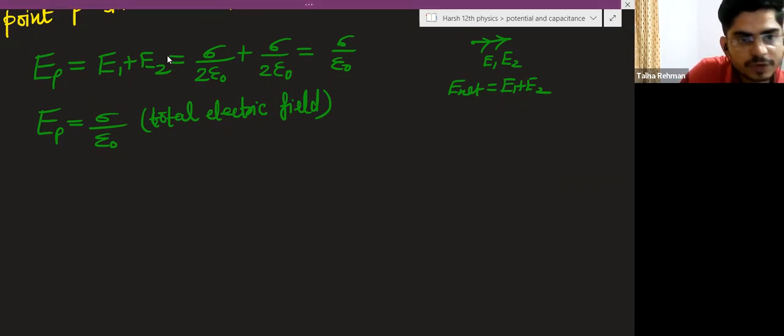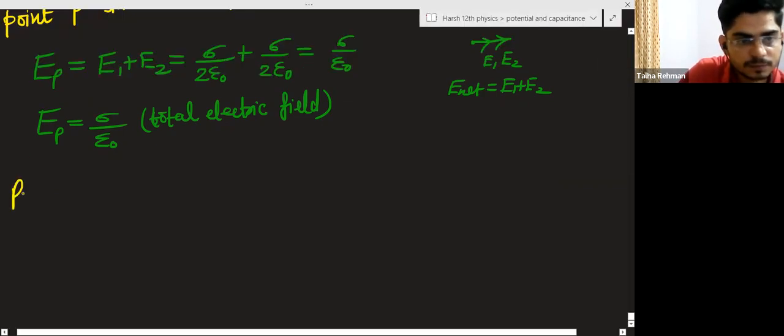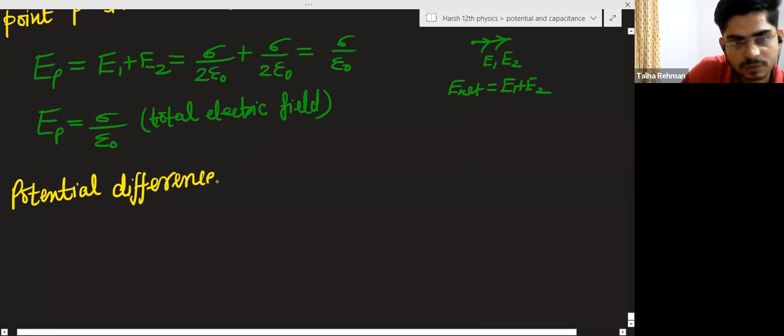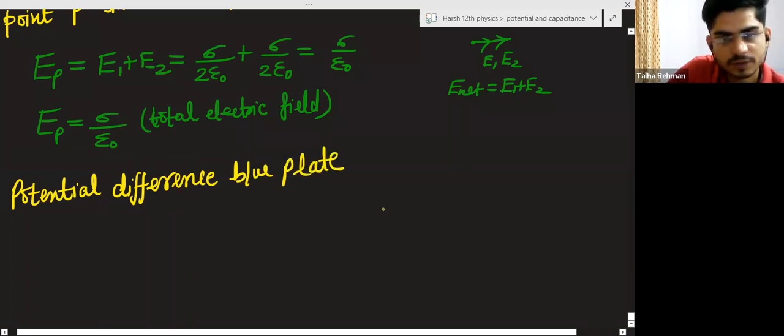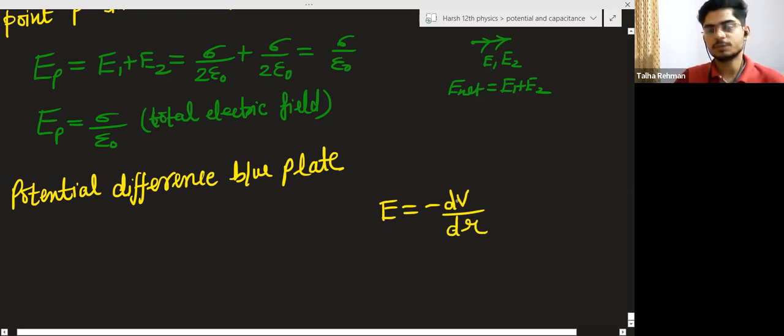So if I want to calculate the potential difference between plates, first we have a formula of electric field: E is equal to minus dV by dr. E is electric field, dV is potential difference, voltage difference, and dr is distance.